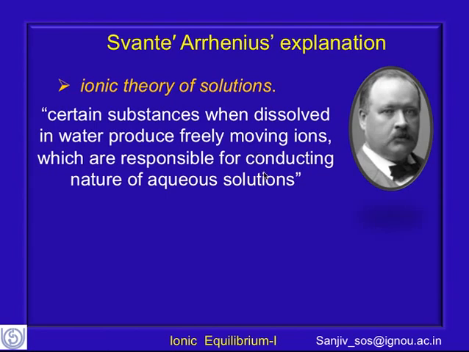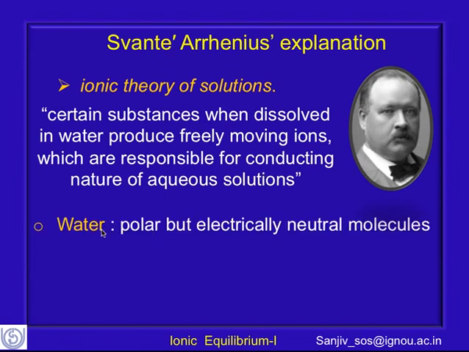In the example we have taken here, we see the water molecules. We know the structure of the water molecule. It is polar. The oxygen is attached to two hydrogens, and both OH bonds are polar. The molecule as a whole is electrically neutral.